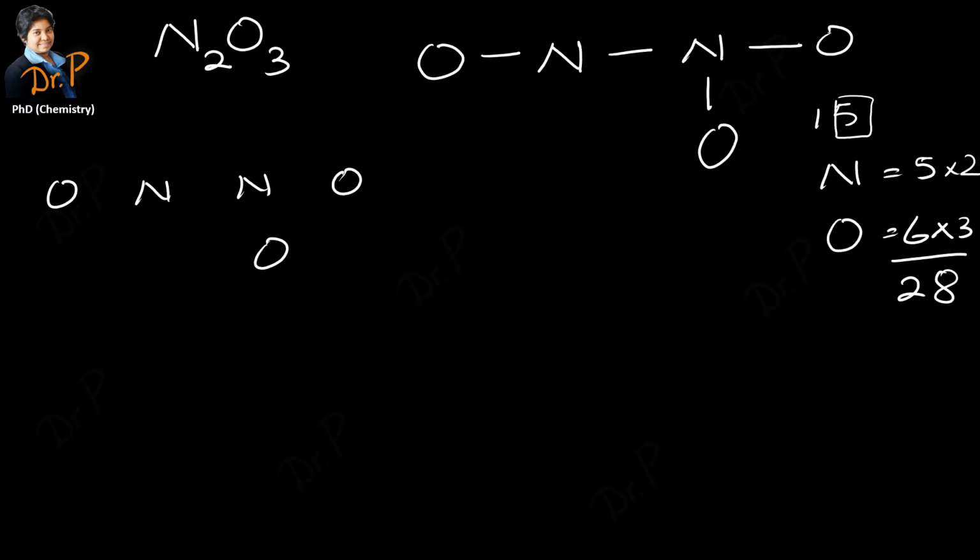Now I'm going to redraw the same connectivity. Now I'm going to connect each atom with a pair of electrons. 1, 2, 3, 4, 5, 6, 7, 8. That is pretty much the same connectivity shown here. Now I've used 8 out of 28.